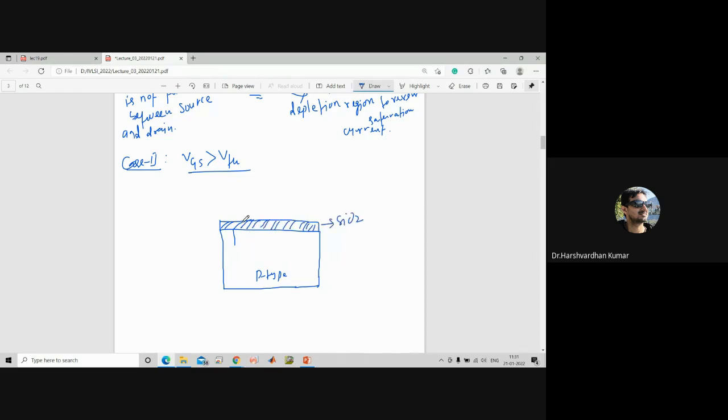Do you remember? You can say where there will be inversion for this case. We have already studied about this in the last lecture.